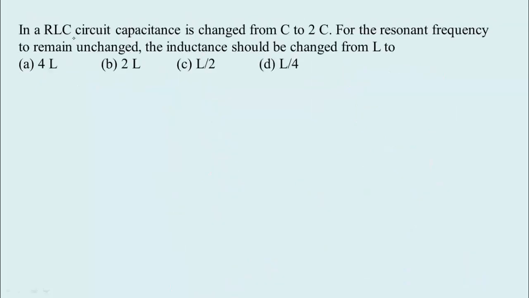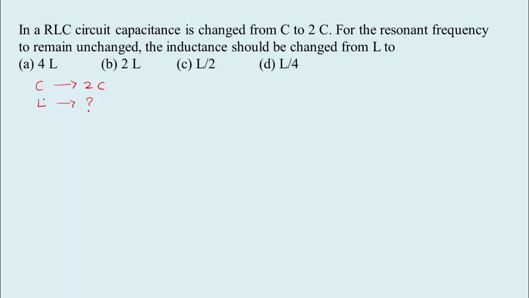In an RLC circuit, capacitance is changed from C to 2C. For the resonant frequency to remain unchanged, the inductance should change from L to. Here, the capacitance value changes from C to 2C. Then we have to calculate the change in the inductance, that is L2.